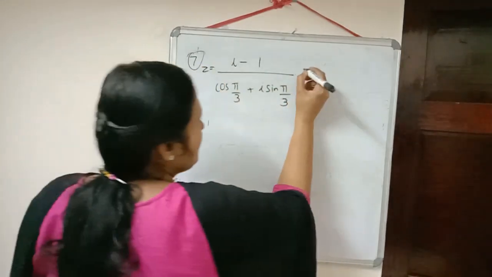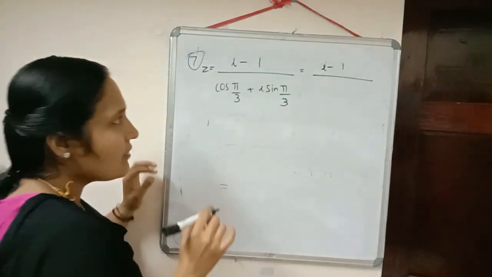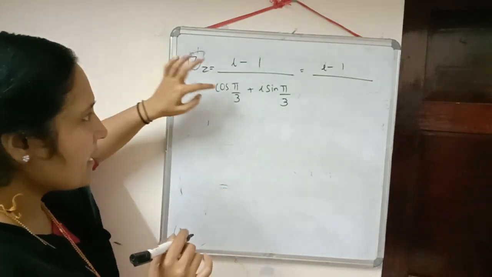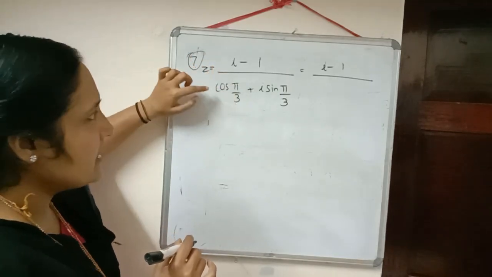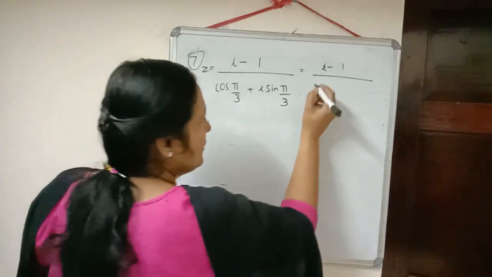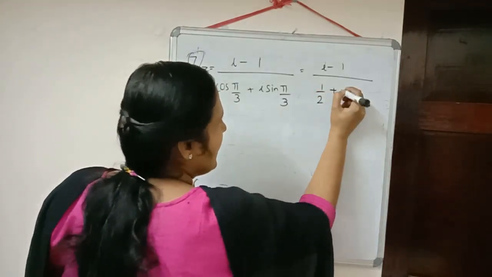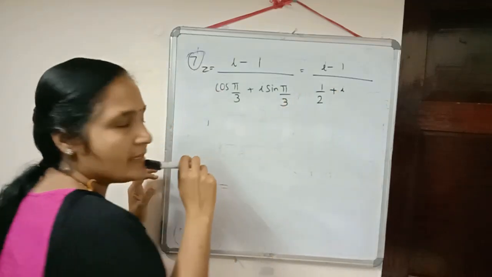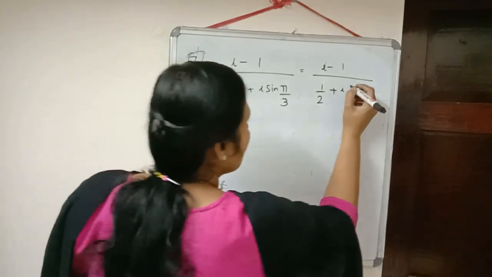Z is equal to i minus 1 by, what is the value of cos pi by 3? Pi means 180 degrees, so 180 by 3 will come 60 degrees. And what is the value of cos 60 degrees? 1 by 2. Cos 60 degrees is 1 by 2, plus i. What is sin pi by 3? Sin 60 degrees? Yes, root 3 by 2.